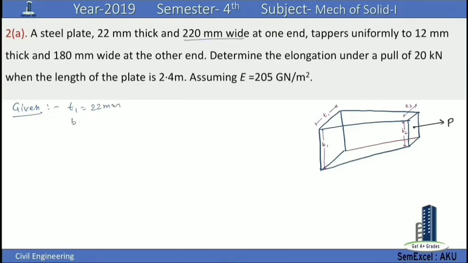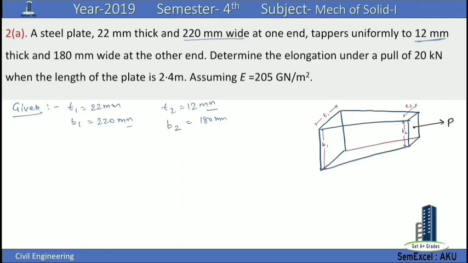So B1 is equal to 220 mm at one end. Tapers uniformly to 12 mm. Means thickness T2 is equal to 12 mm and 180 mm wide. Width at section 2 is equal to 180 mm.